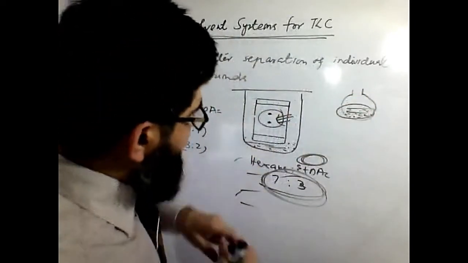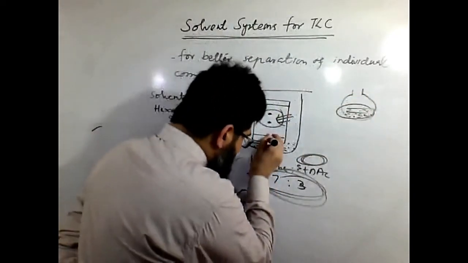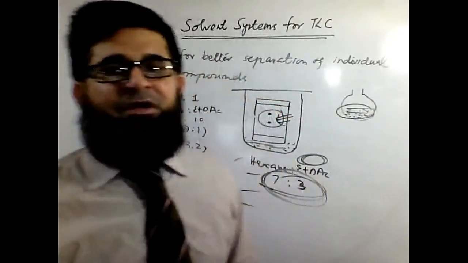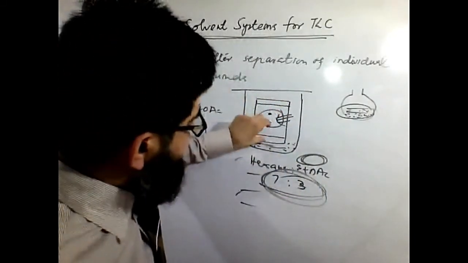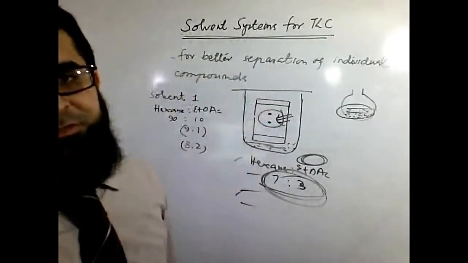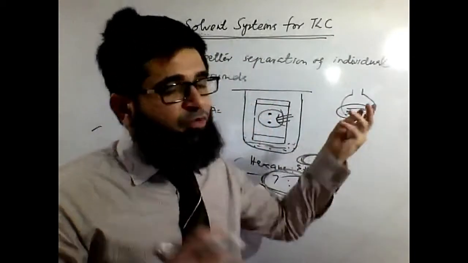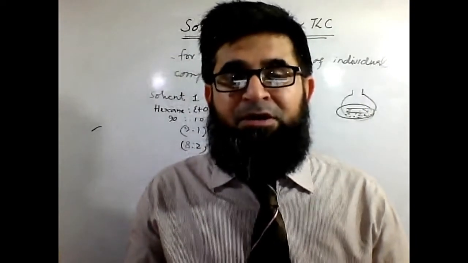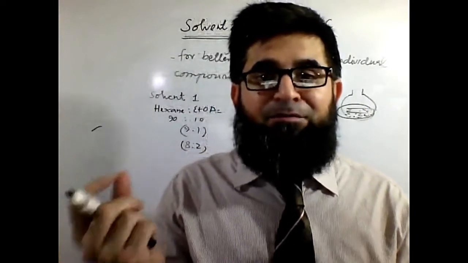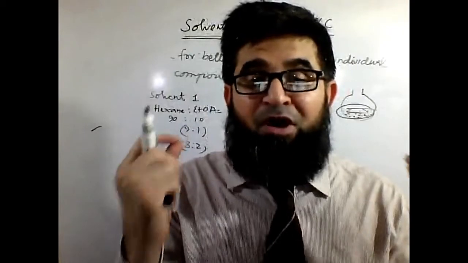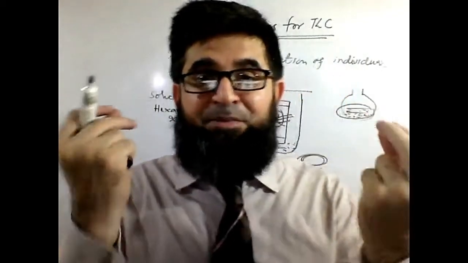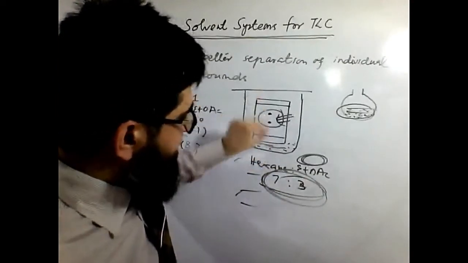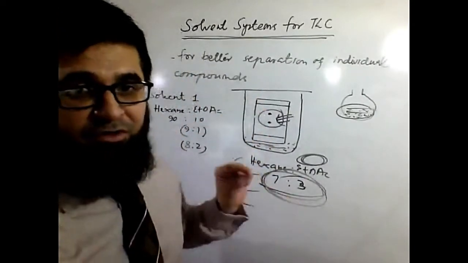At the moment on the TLC, we put a single spot, and we have separated them from each other. In the flask, maybe we have 10 grams of the products and 20-30 ml of the solvent, and when we want to separate them out, it's a big issue. It's a single spot separation by this system on TLC.